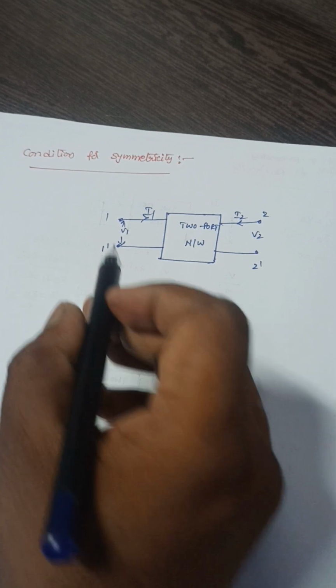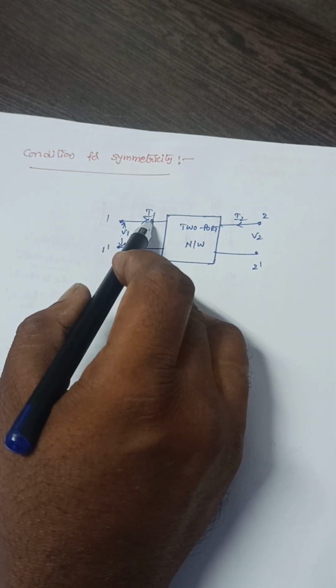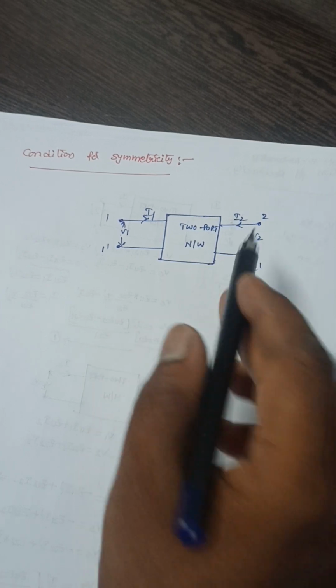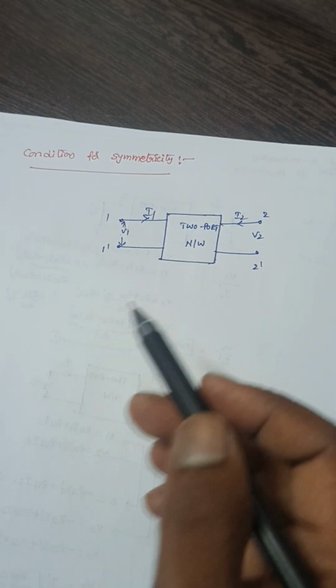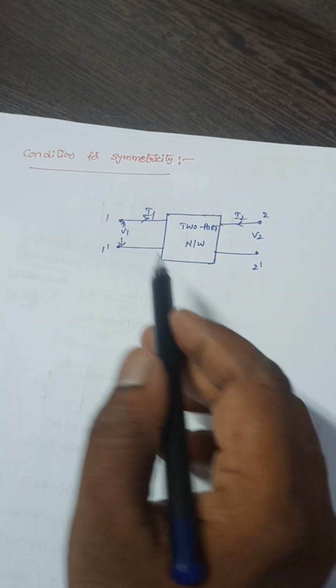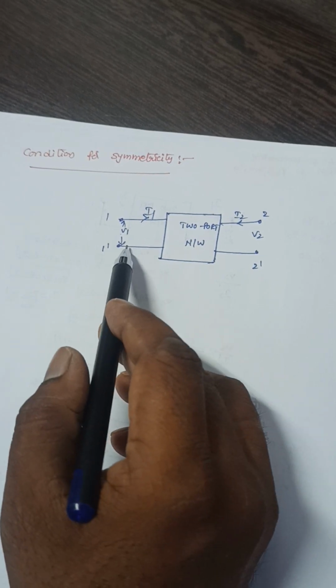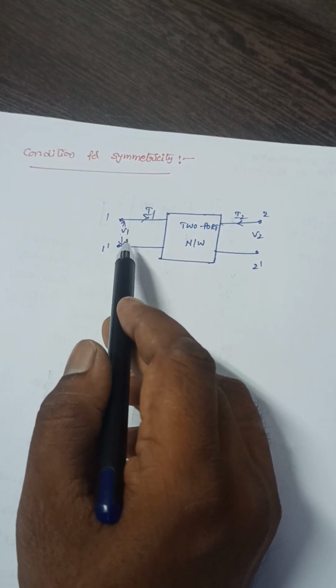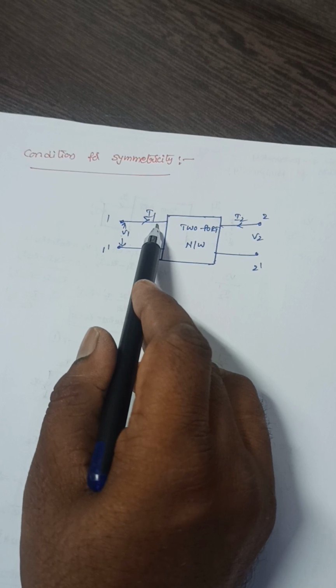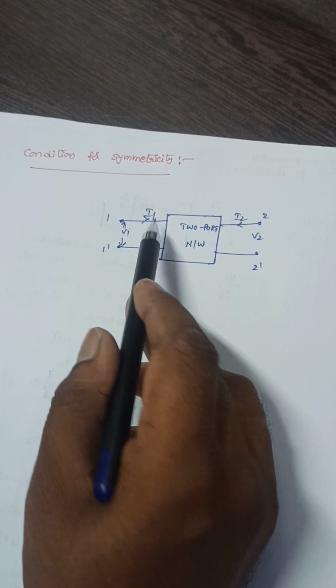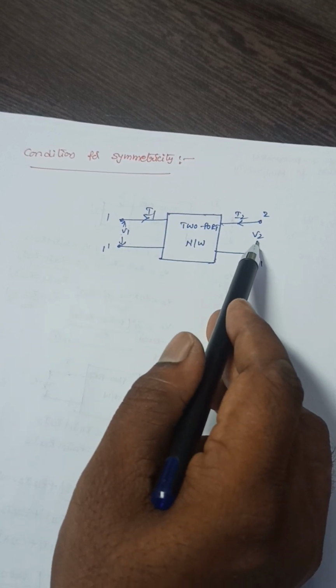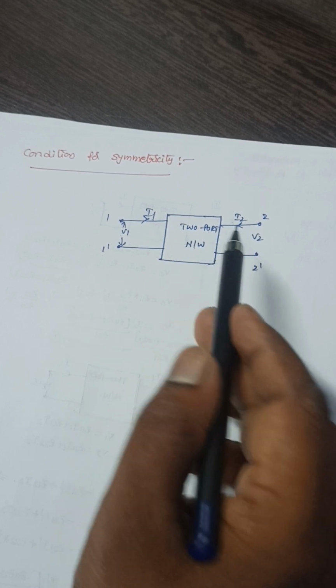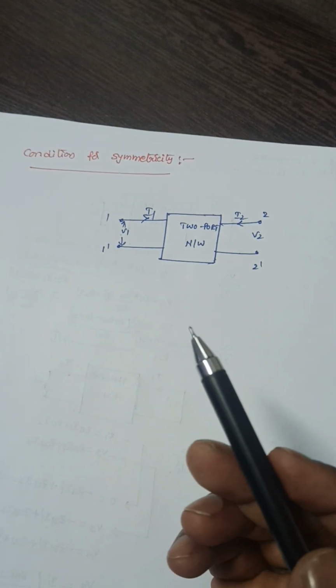That means this V1 by I1 should be equal to this V2 by I2. That is what I am saying here. So the ratio of voltage to the current at one port should be equal to the ratio of voltage to the current at the other port, with the other port open circuited.